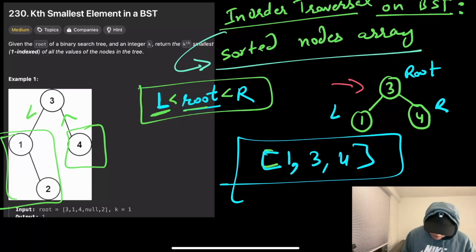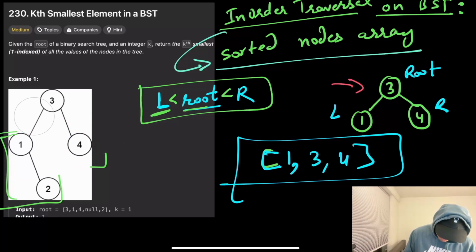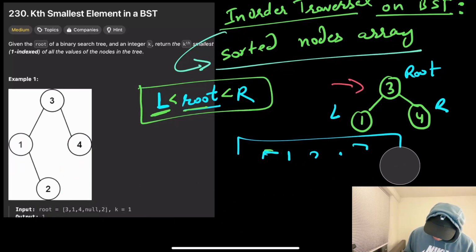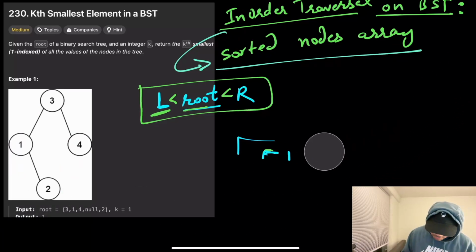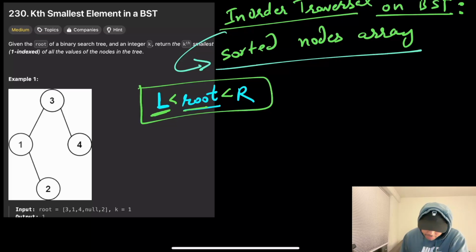So we're going to iterate this tree using in-order traversal, and it will return us a sorted array. Then we can just return the element at index k minus 1. That would be the smallest element we are looking for. The kth smallest element, not just the smallest element. So let's iterate over this tree using in-order traversal.